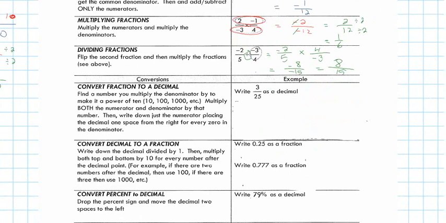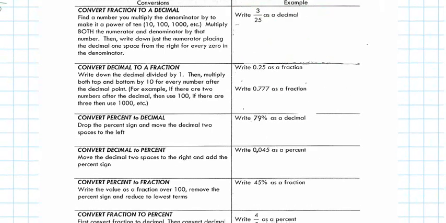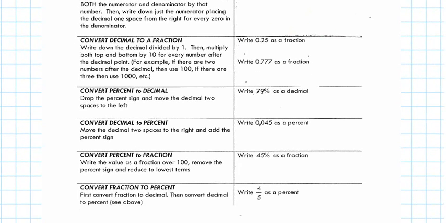Now, I'm going to skip to the ones with percentage because that's what we really need. So, convert percent to a decimal. When I say 79%, what does that mean to you? 79/100. Thank you. So 79% is actually 79 out of 100. So a percentage means 100.